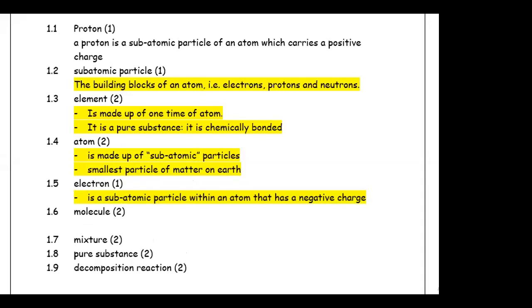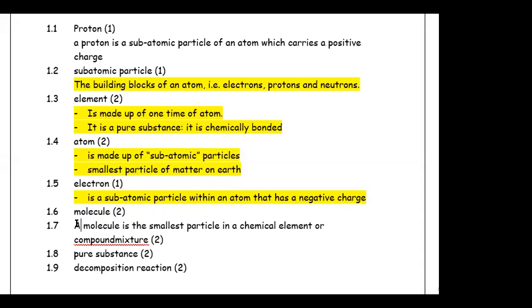Okay, a molecule is a structure. Wow, Ethan said a molecule is the smallest particle in a chemical element or compound. Well done, Ethan. That's perfect. Okay, so I'm just copying and pasting Ethan's answer here. Ethan says, a molecule is the smallest particle in a chemical element or a compound.